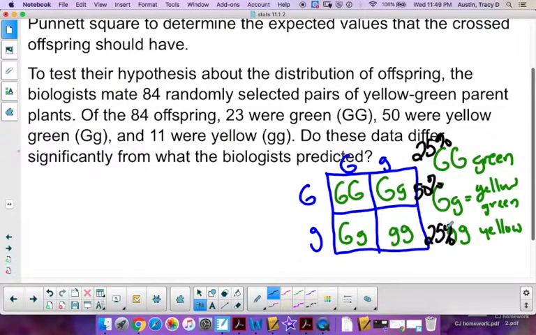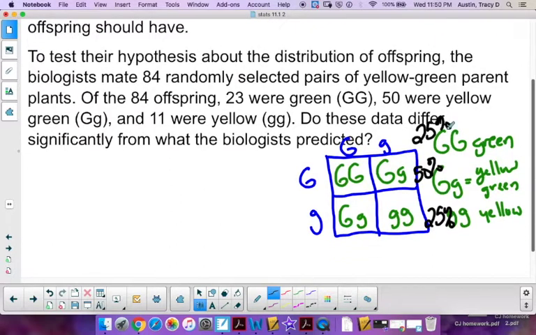Okay, that's going to be how you would show your work for your null when you're stating that the distribution is as stated, and then you would say 25% green, 25% yellow, 50% yellow-green. Again, you could also do it in symbols, where you would write the proportion of green is 25%, proportion of yellow-green, and write it out that way.